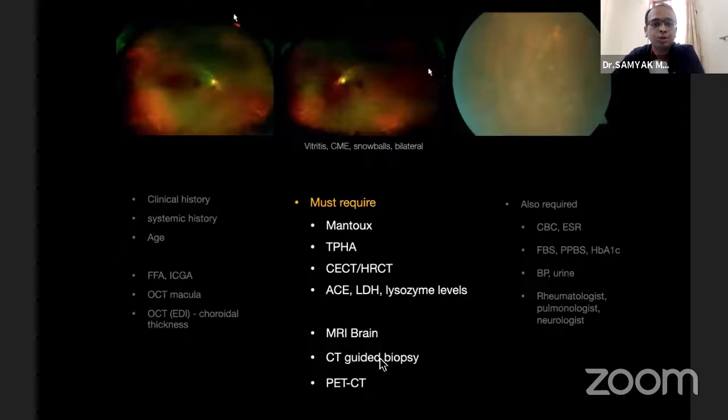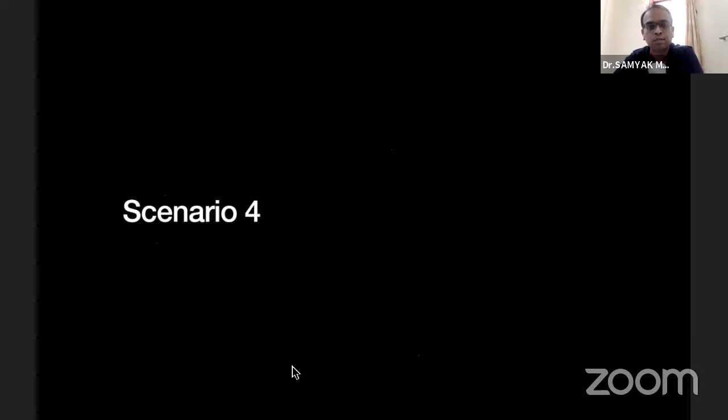In case of intermediate uveitis, where you have vitritis, cystoid macular edema, multiple snowballs, you require the same kind of investigations to rule out either TB or sarcoid. Very rarely, you may have to ask for an MRI brain if the patient has any associated neurological symptoms, because intermediate uveitis has also been reported to occur in multiple sclerosis.